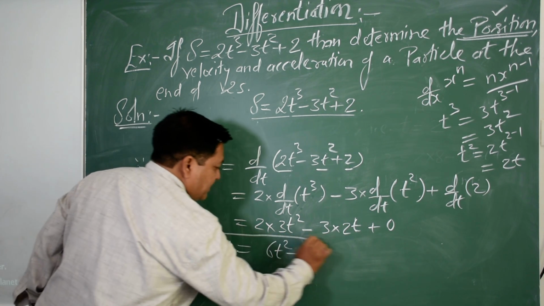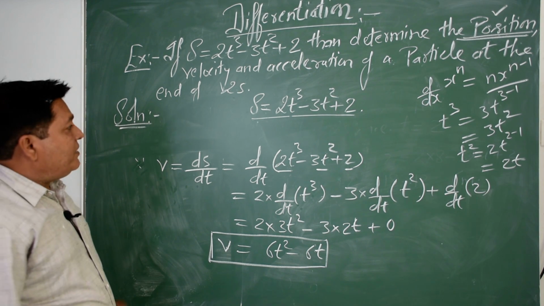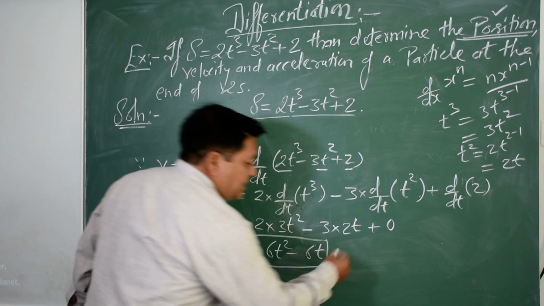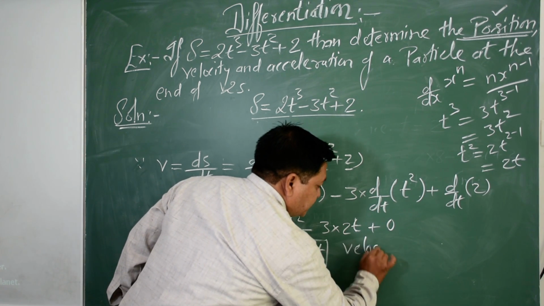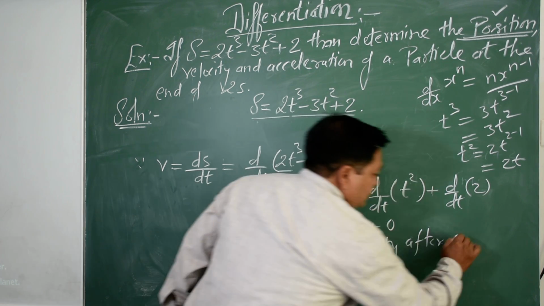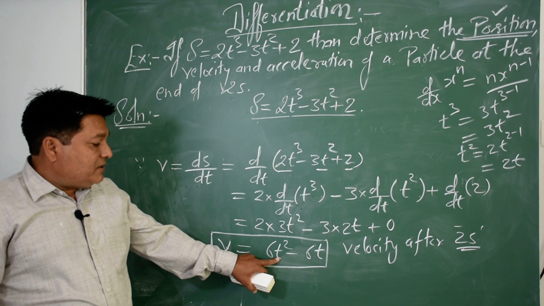Now we got the expression for the velocity here. Now we have to find out the velocity after 2 seconds. So what will be the result? Velocity after 2 seconds, we have to place the value of time t is equal to 2 here.